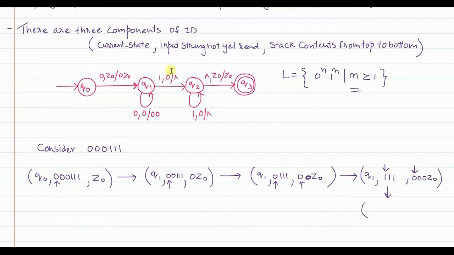So you pop this 0, the topmost element of the stack, and you push null. By doing this, you go to Q2 state. So from Q1 state, you are going to Q2 state. After consuming that single 1, what will remain is 2 ones. And after the cancellation, the topmost 0 would have been removed, so what will remain in the stack will be 2 zeros and Z0.